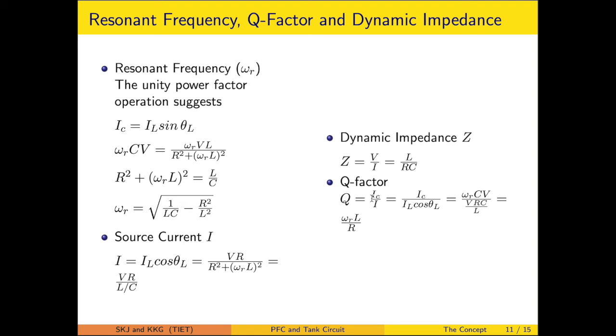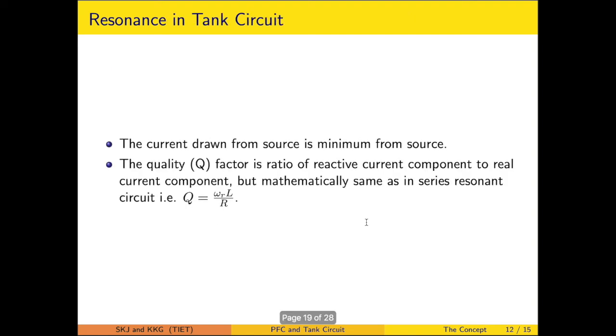Here it is IC upon I, so it is dealing with the current. In case of series RLC resonance, that was dealing with VL over VR. So the definition of that quality parameter is changing, but the numerical value is the same.